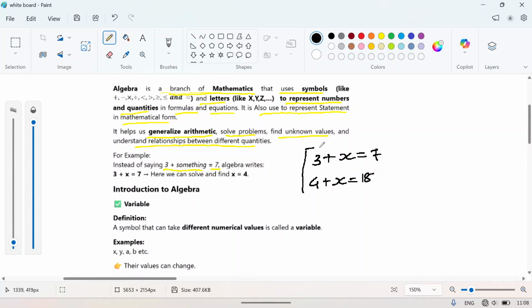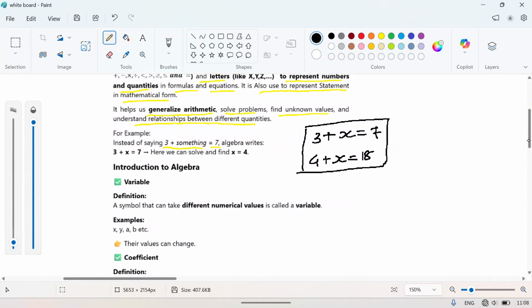So this is the basic way of representing any statement in the form of algebra, to represent a statement or puzzle and generalize it.